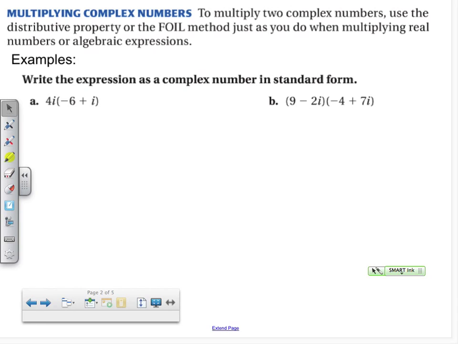So take a look at A. If that was x, I would distribute. So I'm going to treat it like it's a variable, and distribute the 4i through. And I would get negative 24i plus 4i squared. Now, anytime you see i squared, you got to remember, that's not a variable. Remember, i means the square root of negative 1.